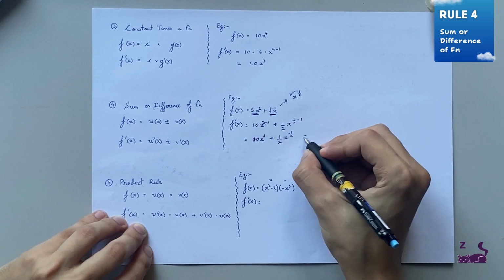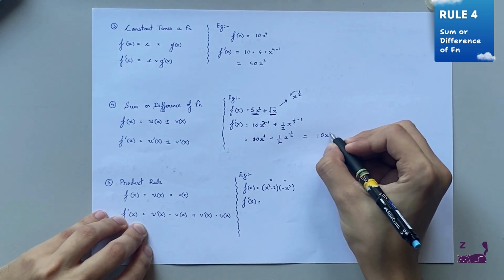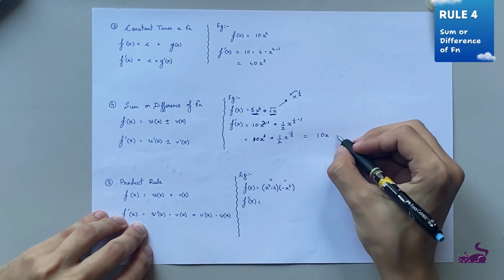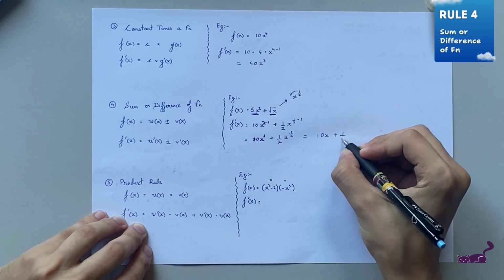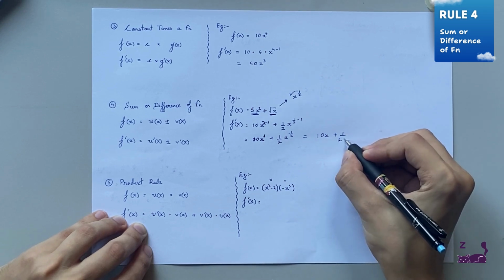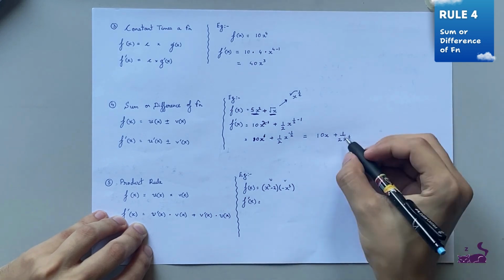But if you did try to bring it down, what would the answer be? That would be 10x, because there was a hidden 1, so any number or variable raised to the power 1 is the value itself. So we're just going to leave that, and then this becomes plus 1 by 2, right? And then x, we bring it down, so that becomes 2x raised to the power half, right?